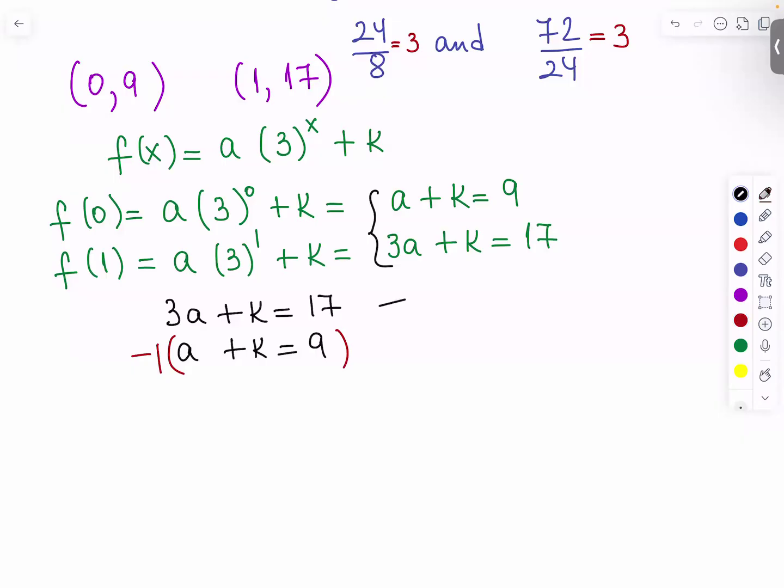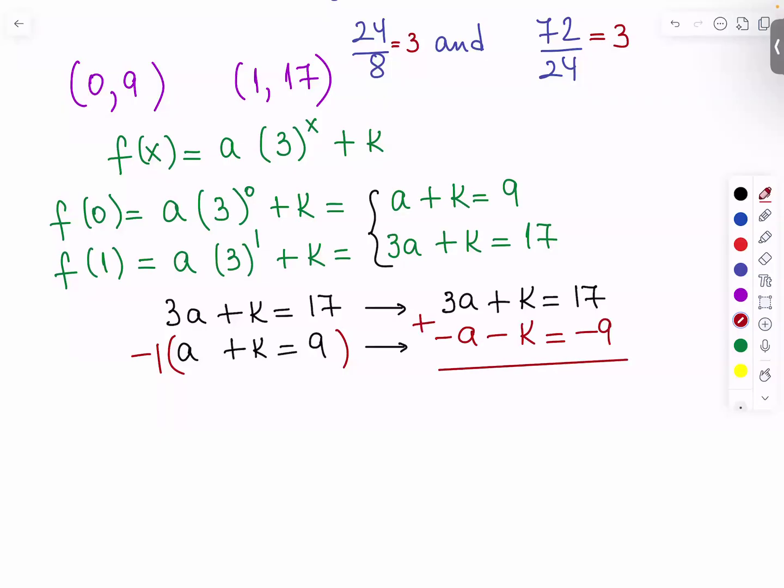The first one will stay the same, 3a plus k equals 17. Now the second one changes to -a minus k equals -9. Now we're ready to add them up.